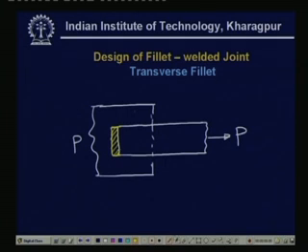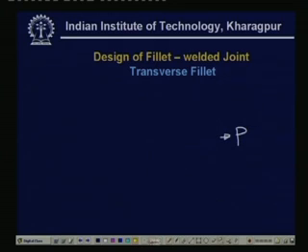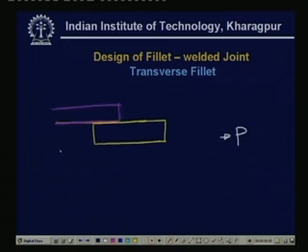Now, if you look at the cross section, it will be something like this: this is one plate, these are the other two plates, and we apply a force F here.